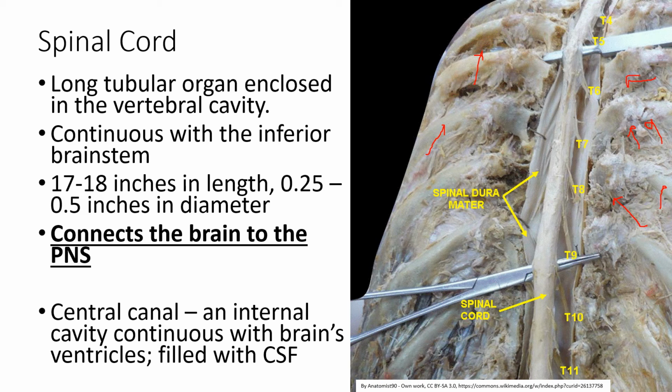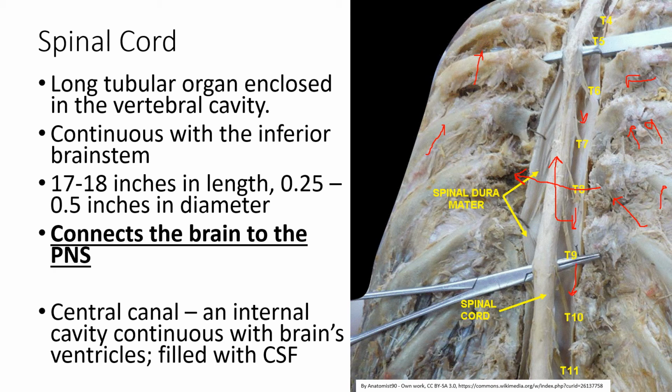The spinal cord runs through a central foramen called the vertebral foramen, and that's what you're looking at in this space here. This is the spinal cord. You can see little nerve rootlets coming off of the sides here.